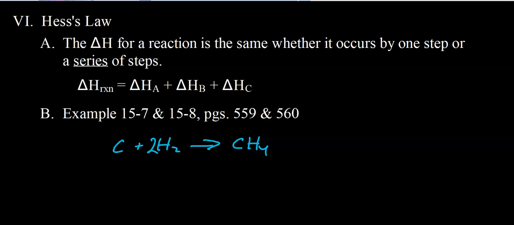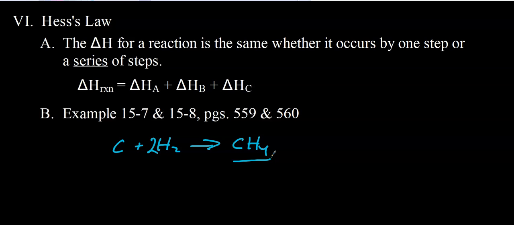And then take a look at the third one. In order for the carbon dioxide from the first equation to cancel, the carbon dioxide needs to be on the left side of the third equation. And the methane that we have in our equation here is on the right side. The methane in equation number 3 at the top of page 560 is on the left.